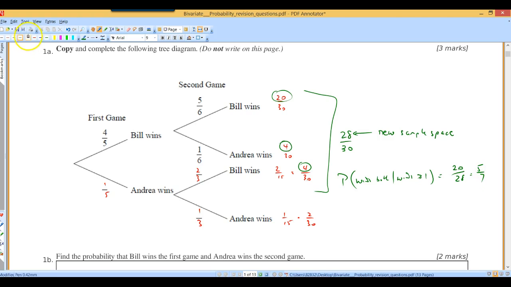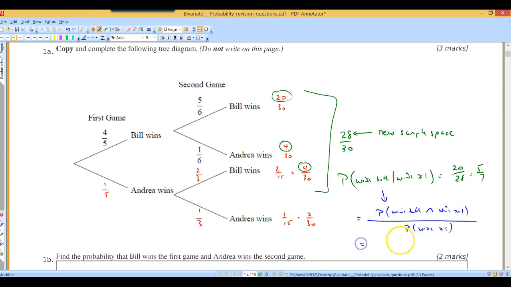If you prefer to work through the conditional probability and use that, then you would say that this is equal to the probability of the intersection, A intersection B, wins both intersection wins greater than or equal to 1, over the probability he wins greater than or equal to 1.